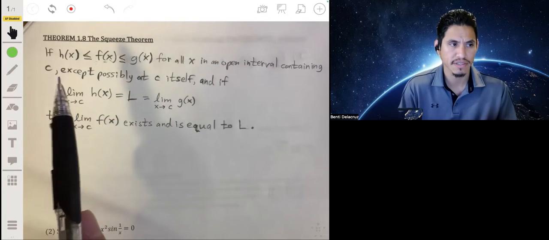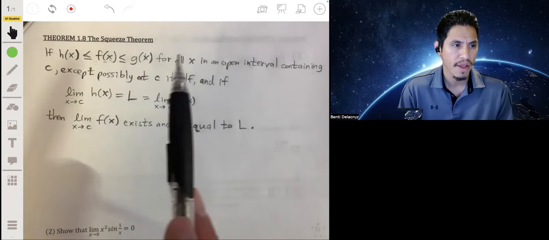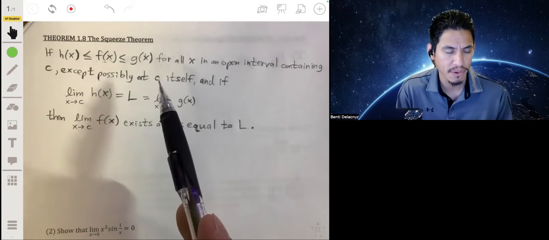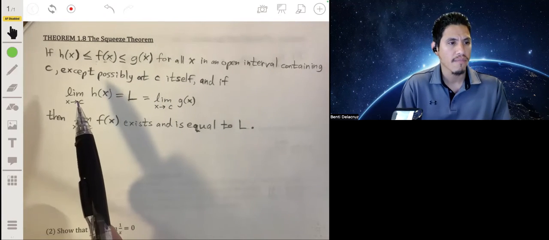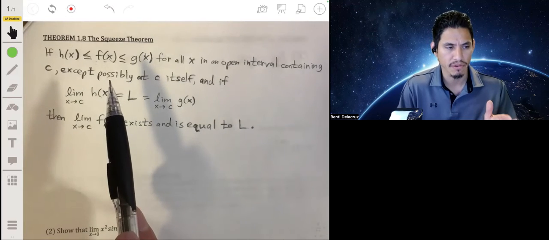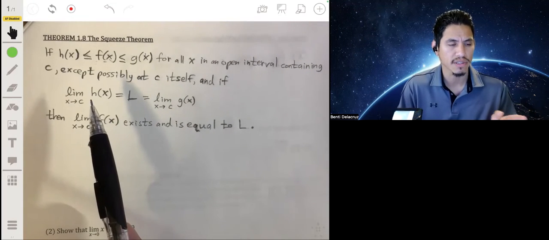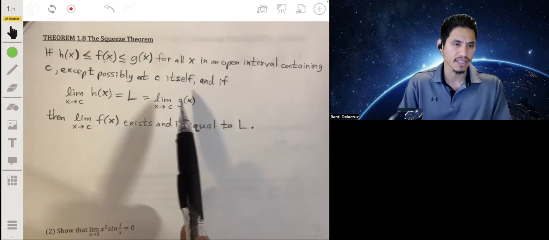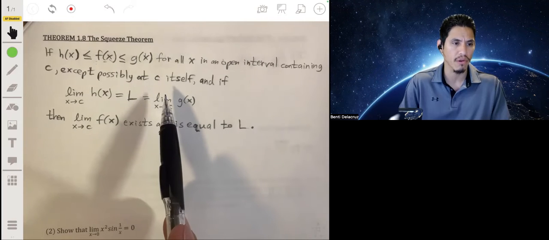Maybe c is just, think about a number. Maybe it's 5, maybe it's 10, maybe it's 1.3. Now, we're going to say this holds except possibly at that point c itself. Then we have the limit of h of x as x approaches c equal to the limit of g of x as x approaches c, and we'll define it to be L. So their limits will be equal.